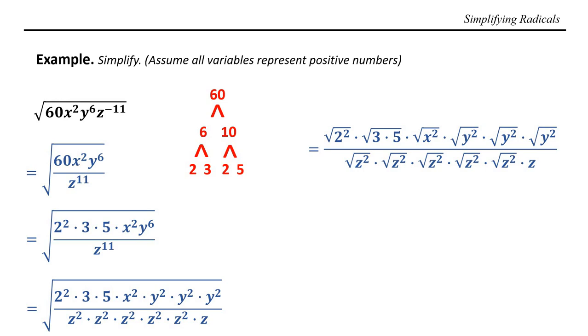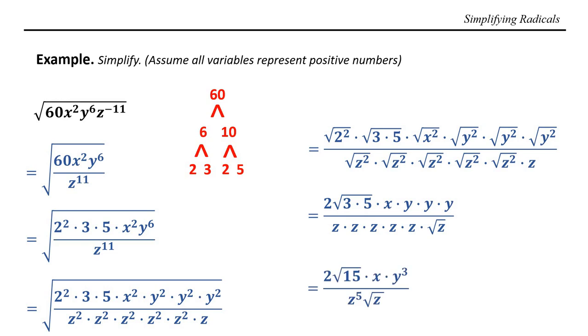What we're going to be left with is 2 times the square root of 3 times 5 times x times y times y times y. And then in the denominator, we have our 5 z's times the square root of z. So if we solved and simplified all this, we'd be left with 2 times the square root of 15 times x times y cubed over z to the 5th times the square root of z.